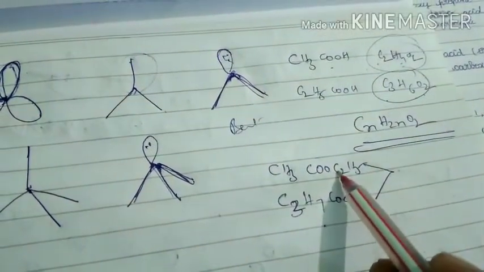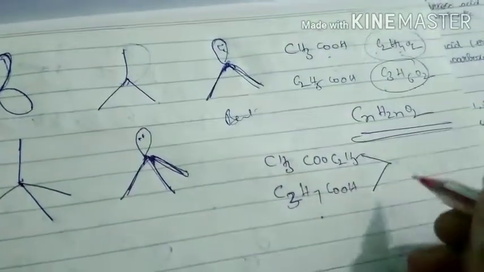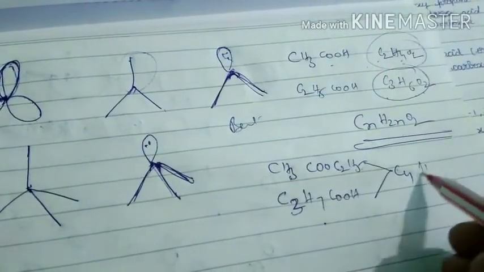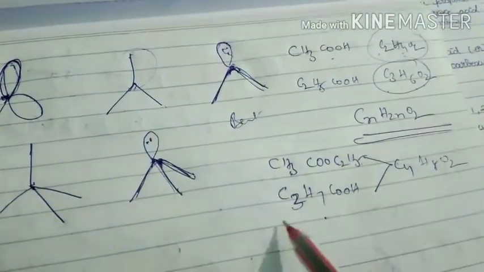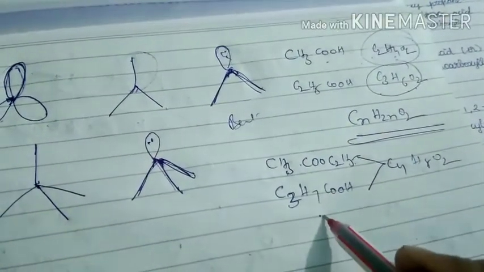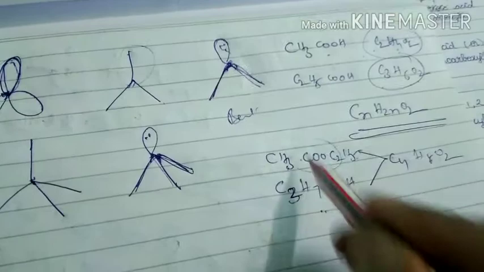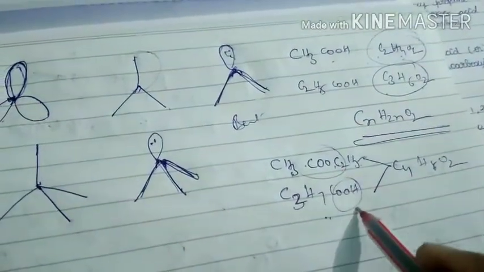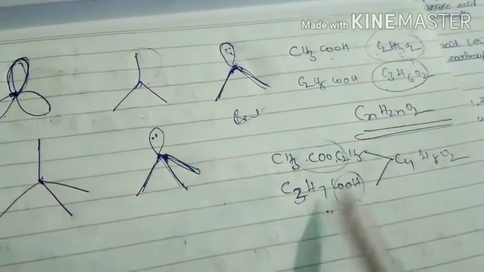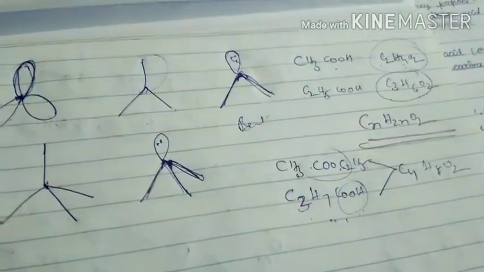How many carbons? 2 plus 1 plus 1, total 4. Here hydrogens 3 plus 5, 8. Oxygens every time 2. Here also 4 carbons, hydrogens 8, oxygens 2. This is an ester, this is an acid. Both have the same molecular formula, but the functional groups are different. Here the ester functional group, here the acid functional group. From this, we can say that carboxylic acids and esters are functional group isomers.